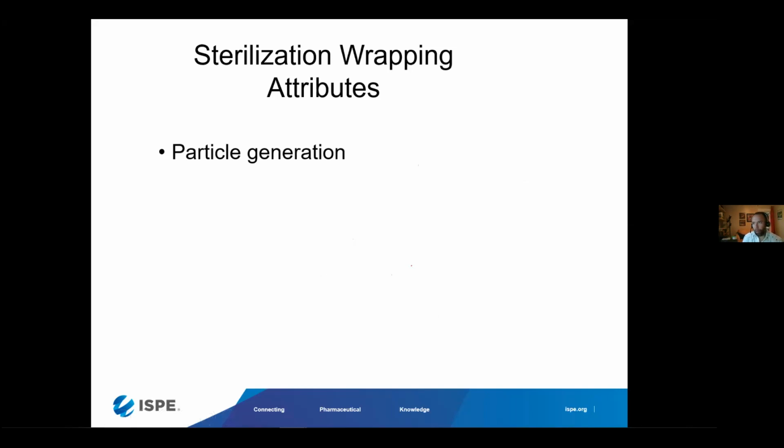Just a quick overview of sterilization wrapping attributes. We need to select materials that do not contribute contamination to the clean room, so materials that do not generate particles. Needs to have a good microbial barrier, not allowing contamination of the sterile items.